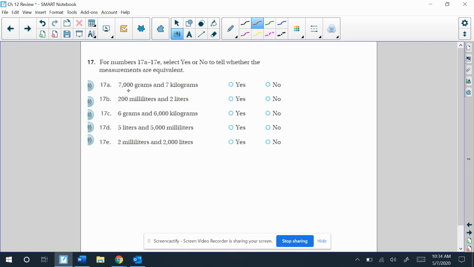All right, grams, kilograms, these are all metric units. So I'm going to use King Henry died by drinking chocolate milk. Okay, 7 grams and 7 kilograms. If they're equivalent, that means they're going to equal each other.